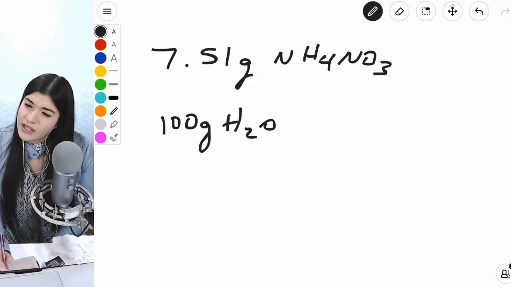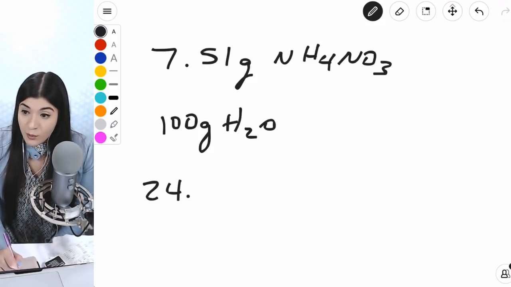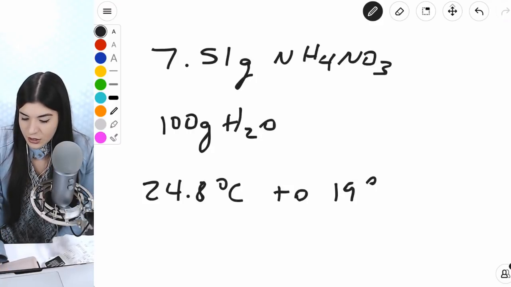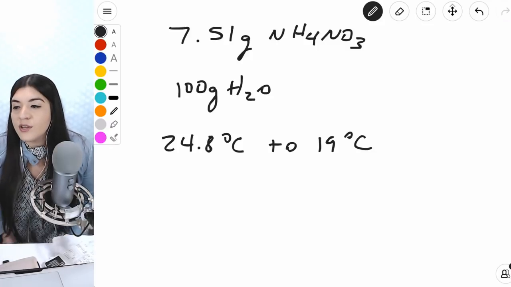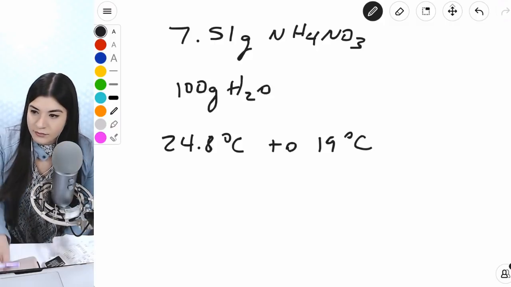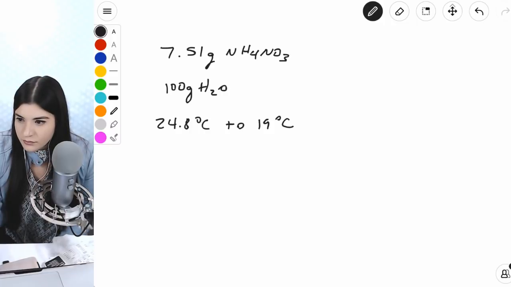The material dissolves in the water and the temperature of the water drops from 24.8 degrees Celsius to 19 degrees Celsius. What am I finding? How many moles of that are involved in the process, and what is the change in enthalpy? Okay. I'm looking for the amount of moles.